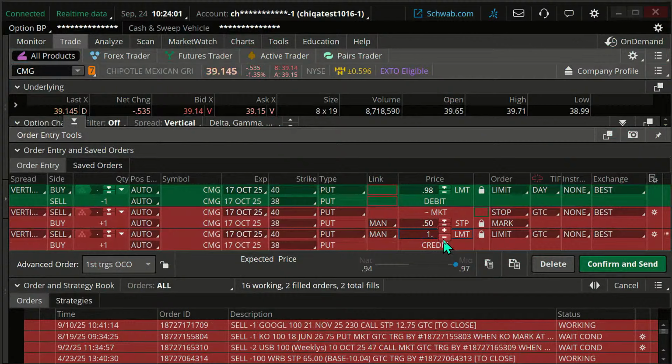In other words, I'm going to add the gain I'm looking to get to the initial purchase price. So if the gain I wanted was, say, 50% of the max gain, and the max gain was $1, that would be 50 cents. I would then take my initial price and add 50 cents to that. In this case, we were looking for a 75% max gain, okay? So this is a limit price there.